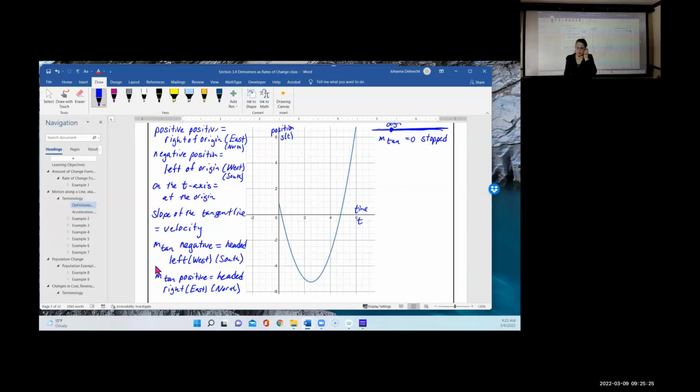So let's talk about some more things that we can note then. This means that at maxes and mins, it's stopped. All right. Now, what does that mean? Well, that means that on the left side of a max or a min, it's got to be slowing down.